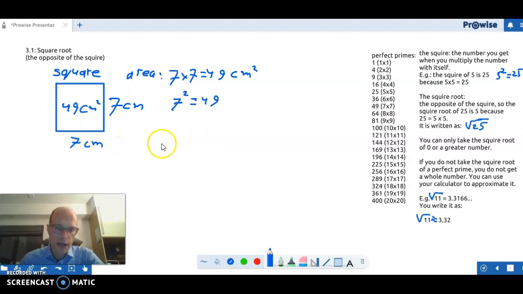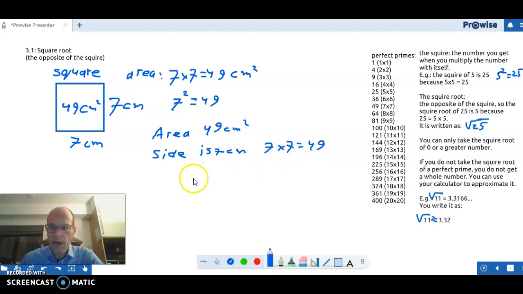So if we have an area of 49 square centimeters and you want to know the side, well then you know that 7 multiplied by 7 is 49, so the side is 7 centimeters. You could write it down a bit differently, as a square root.